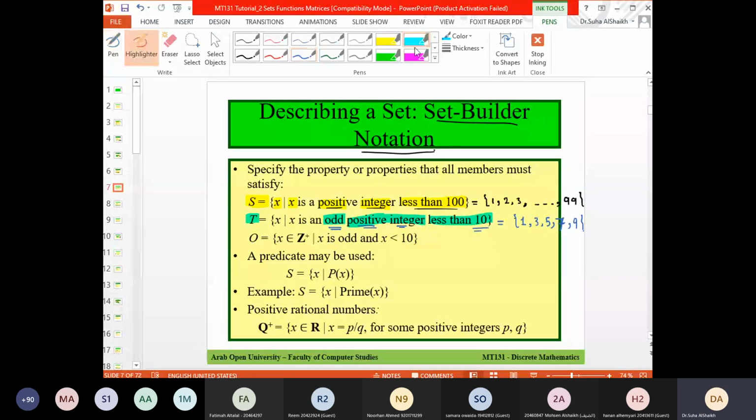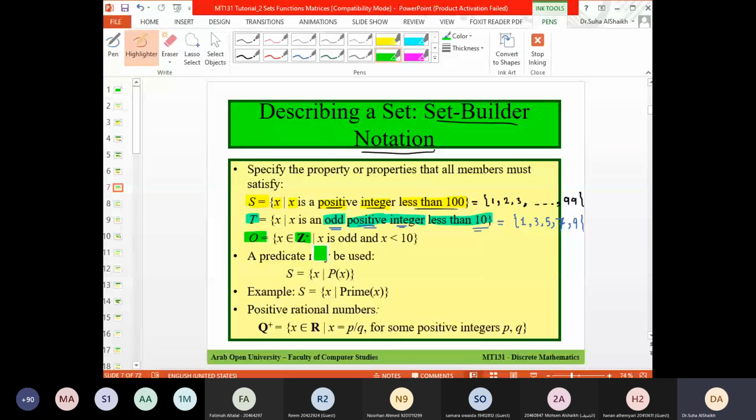Now check this one. O is the set. Let me use the green one. X such that, instead of saying it is a positive integer, it is in the Z plus. See? Instead of saying x is a positive integer, I say x belongs to Z plus.